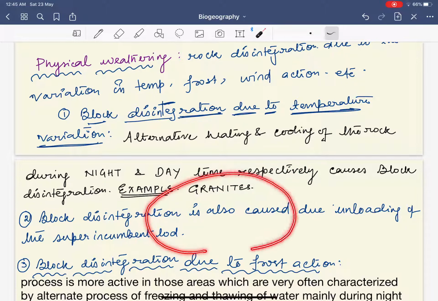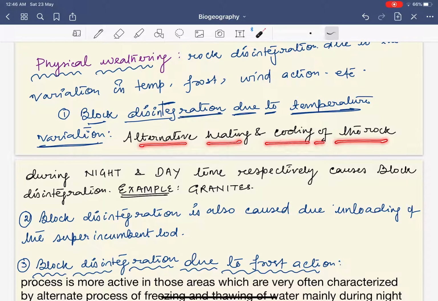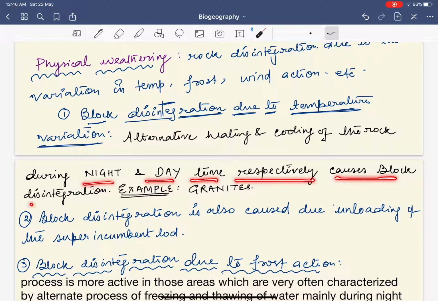Block disintegration is nothing but the entire boulder being broken down into blocks, and it occurs because of the alternate heating and cooling of the rocks during daytime and night respectively. Example is your granite. Granites are more subjected to block disintegration due to temperature variation.